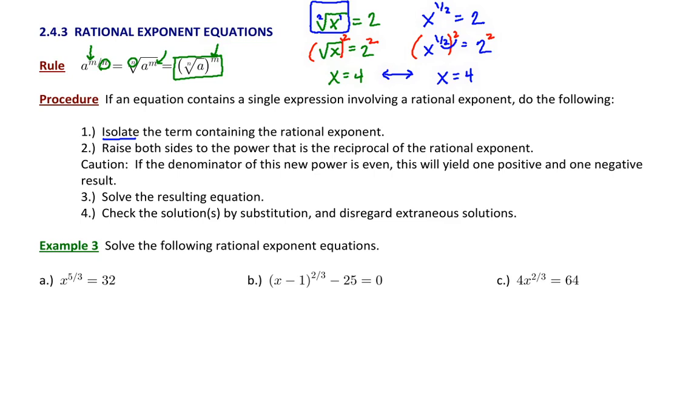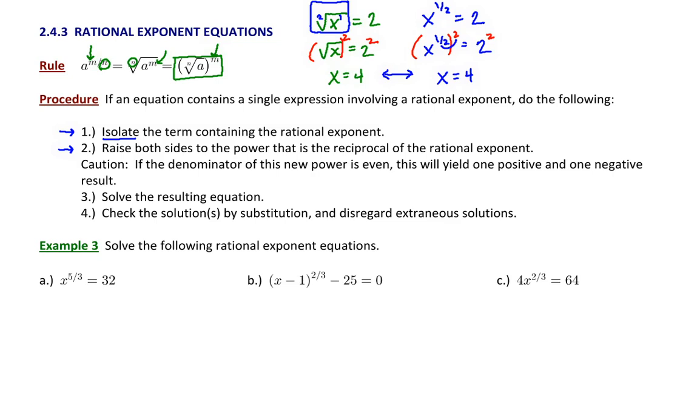Again, relating this to radical equations, we isolated the radical and then we squared both sides or cubed both sides, depending on what the radical was. So that's essentially what we're going to do here, but we have to choose an appropriate power.